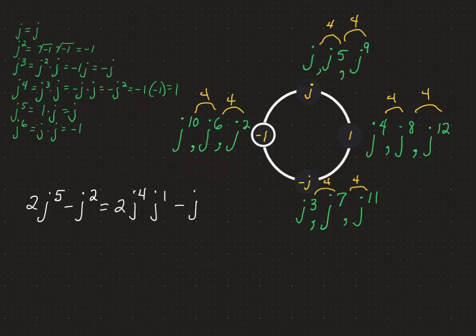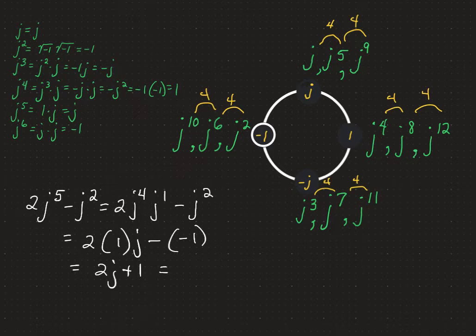Minus j squared pretty much has to stay as it is. So we have 2 times 1 times j minus negative 1. So that would be 2j plus 1, which is still unlike terms. We cannot add those, okay?